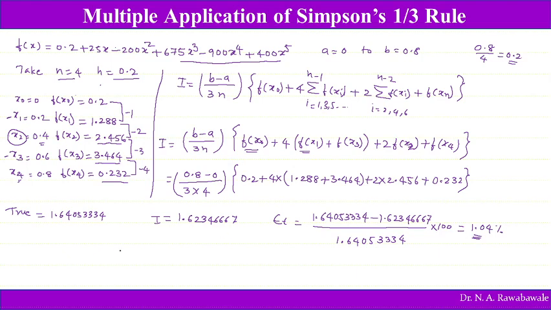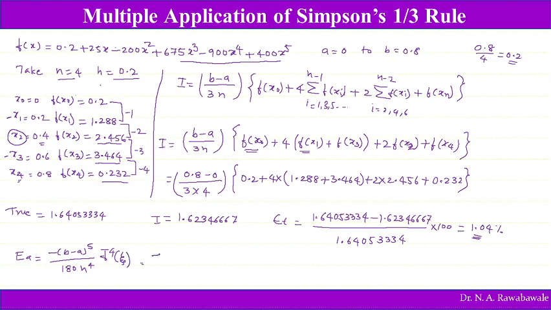Now if we want to find out approximate error by Simpson's 1/3 rule multiple application, which is given by the formula minus b minus a to the power of 5 divided by 180 n to the power of 4, f bar of 4th order zeta.